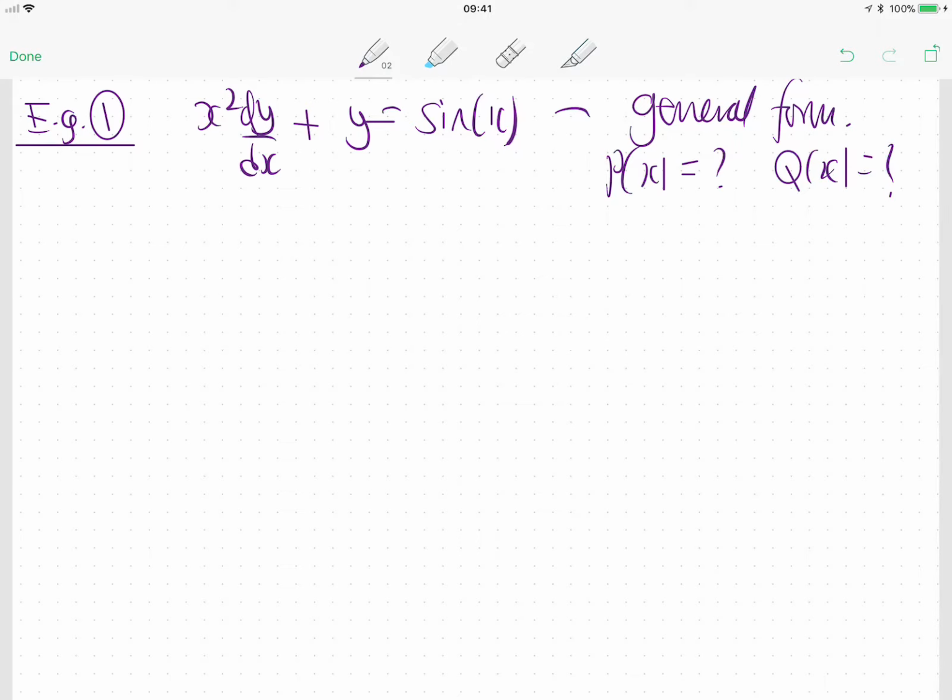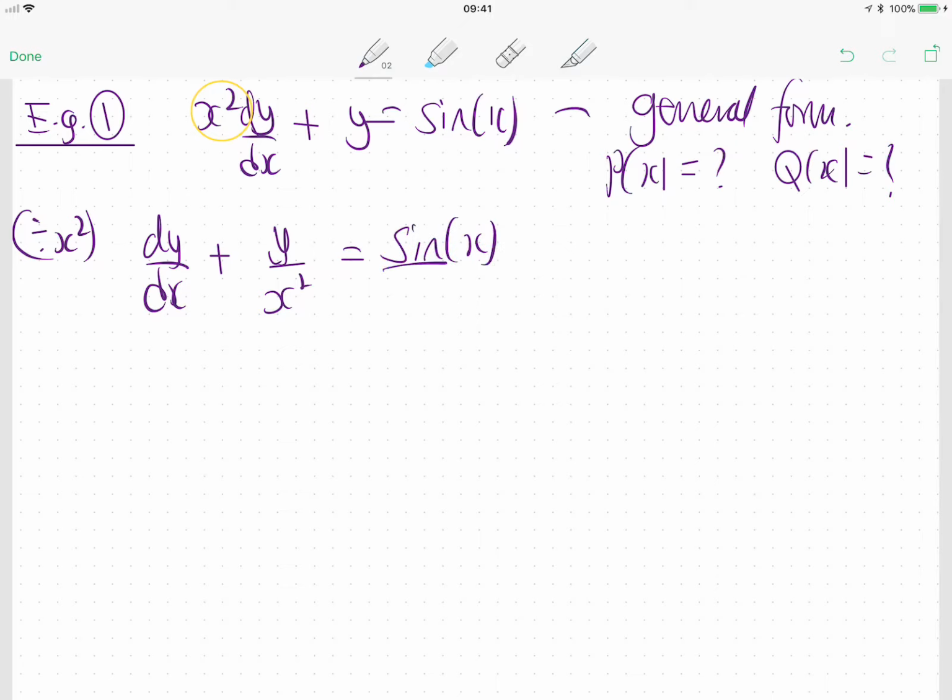The two functions that appear in the general form. So like I've already mentioned, we need to divide out by x squared. So we end up with dy dx, the x squared is going to cancel, y divided by x squared, and on the right hand side, sine x divided by x squared.